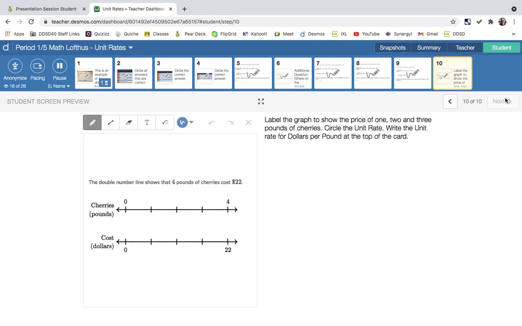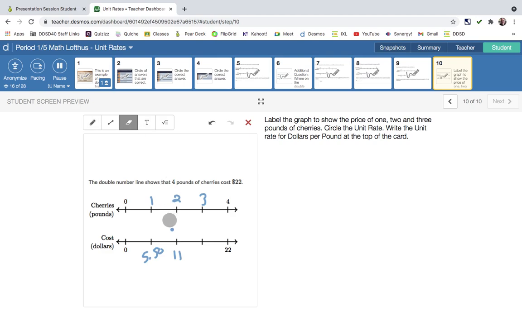And then finally, label the graph to show the price of 1, 2, 3 pounds of cherries. Circle the unit rate and write the unit rate in dollars per pound at the top of the card. Okay, so we have 1 pound, 2 pounds, 3 pounds. And let's cut this in half to $11. And this is going to be $5.50. And we're going to add that $5.50 to 11 because that'll give us 3. 2 and 1 is 3.